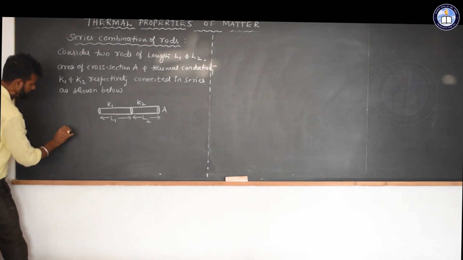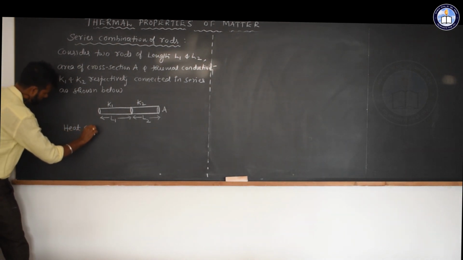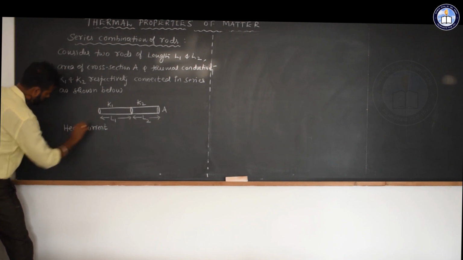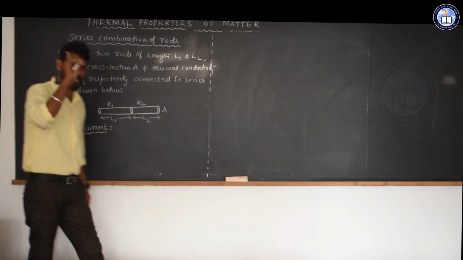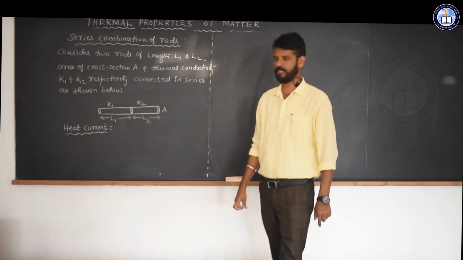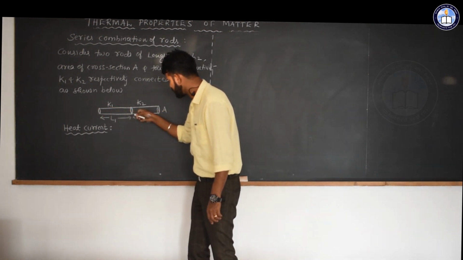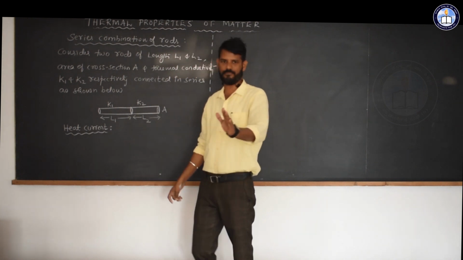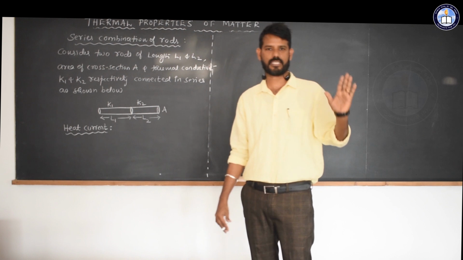The first one is heat current. Heat current is actually the rate of heat flow through the conductor. Therefore, heat current at each and every point of the rod is the same.